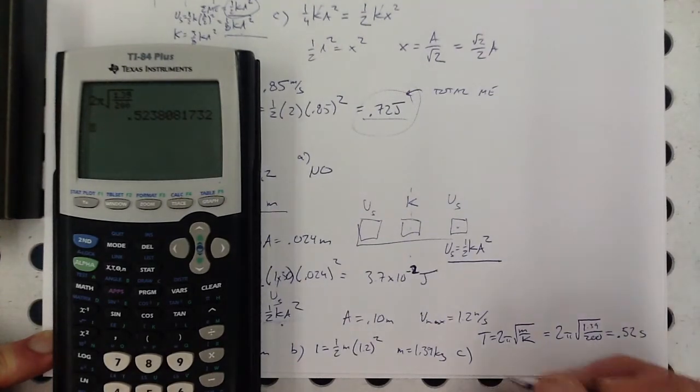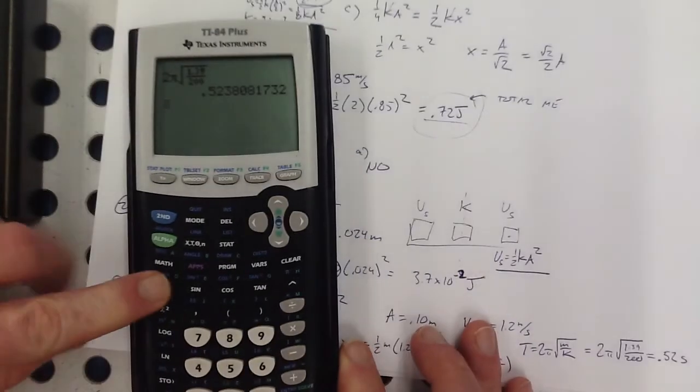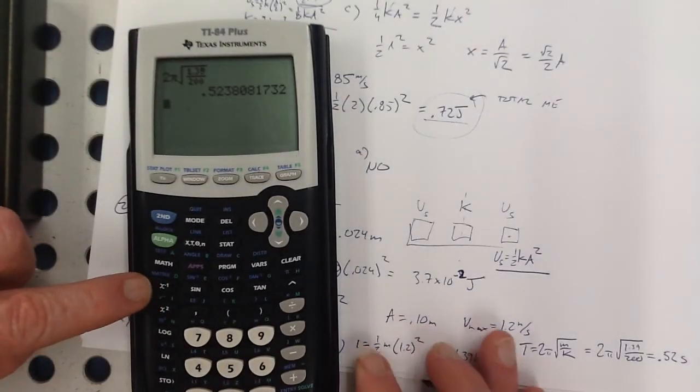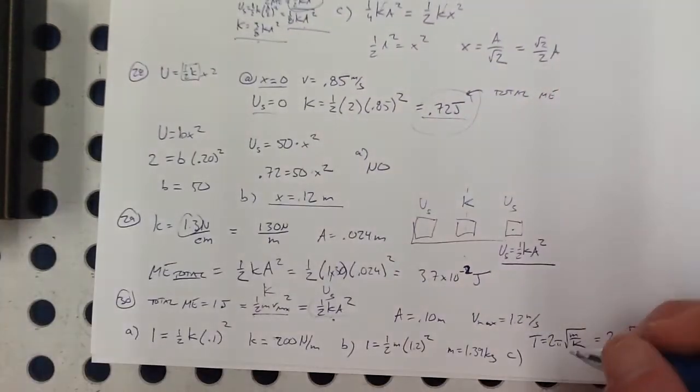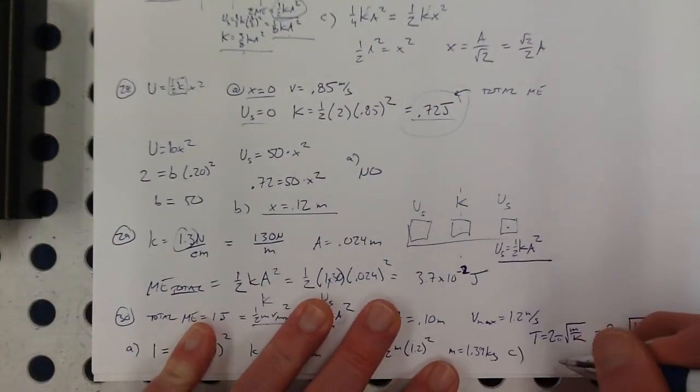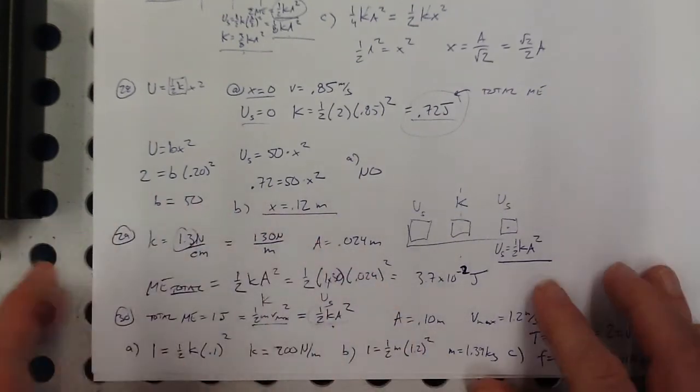That'll be seconds. And then I'm just going to, this is the flip it over button on your calculator, right? X inverse. Just going to invert that. And that's about 1.91. And that's either inverse seconds or you can write it as hertz. Correct, either way.